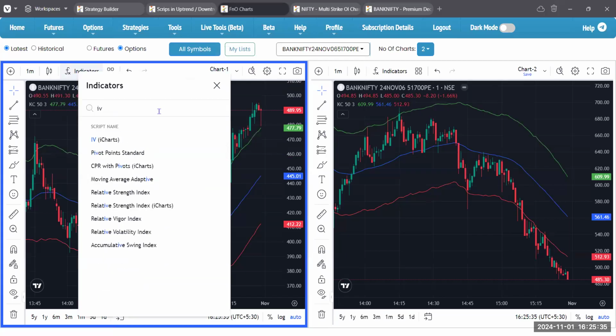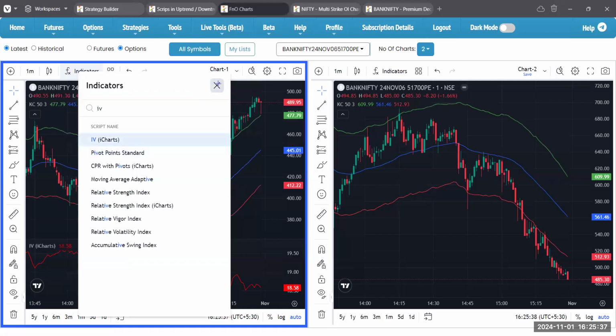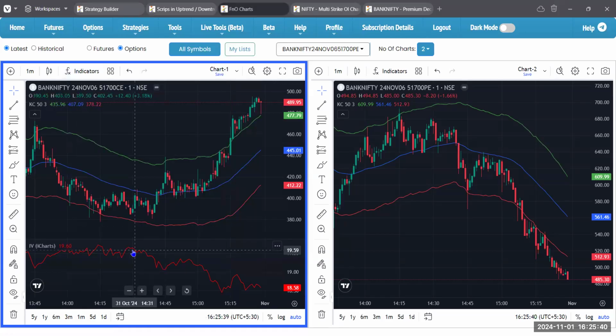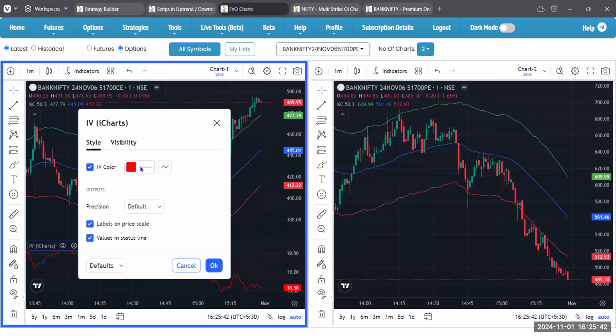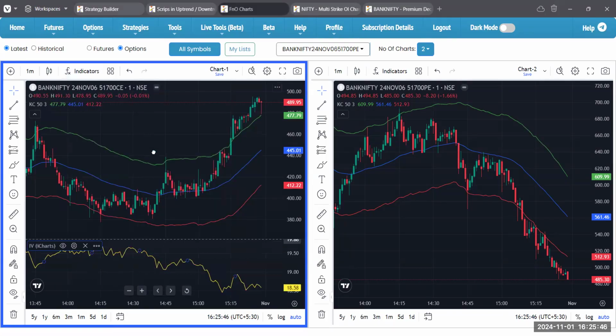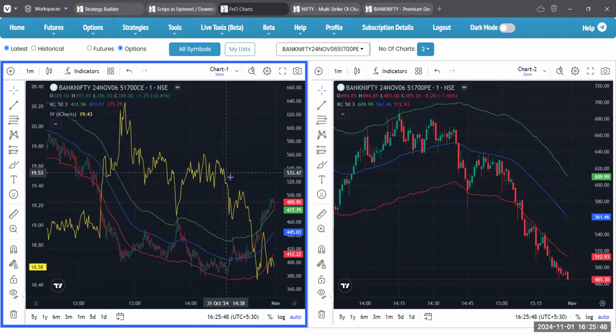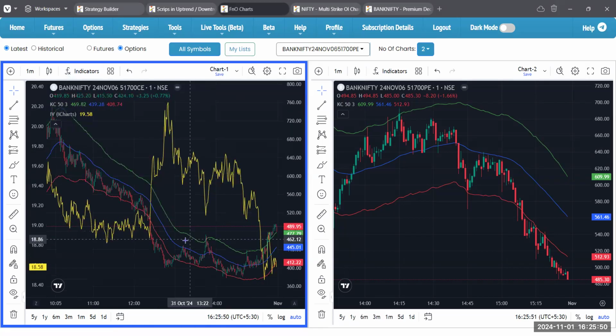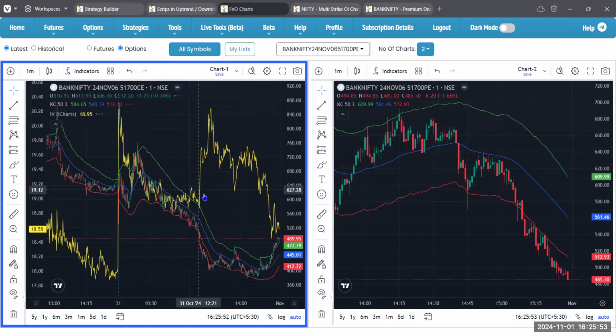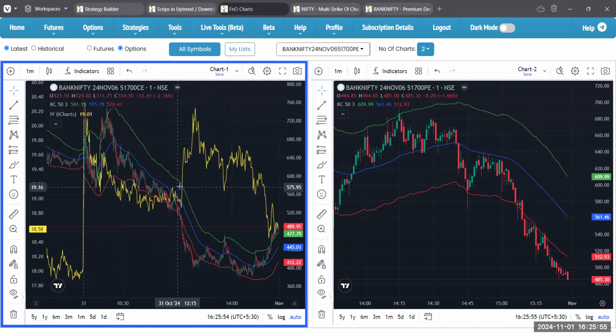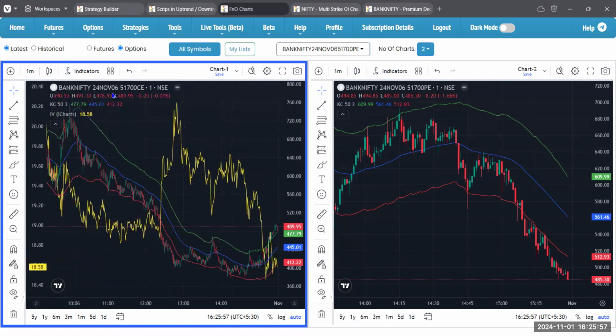You can search for IV here and add it. You can drag it to this, so you can view this price versus IV chart. You can use this chart as the intraday IV chart for a particular strike.